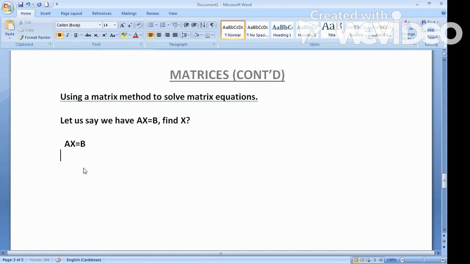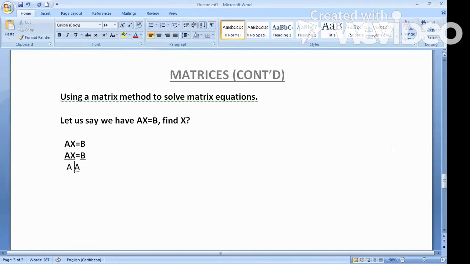So what we do here is that we divide both sides. If I want X, what do I divide both sides by? It has to be A. Would you agree?